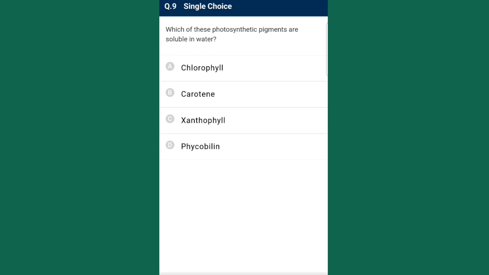They too are insoluble in water but soluble in organic solvents. Chemically, phycobilins are also porphyrin derivatives with open tetrapyrrolic chains. That means no ring, no magnesium and no phytyl chain. They are soluble in water. So the answer is option D, phycobilin.